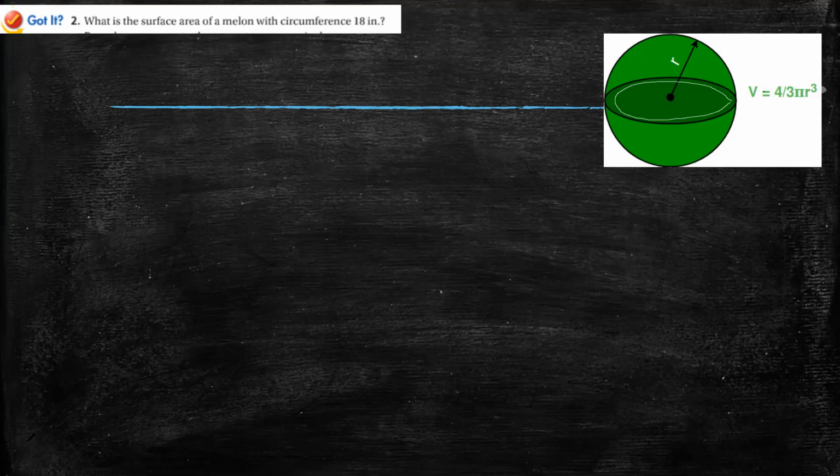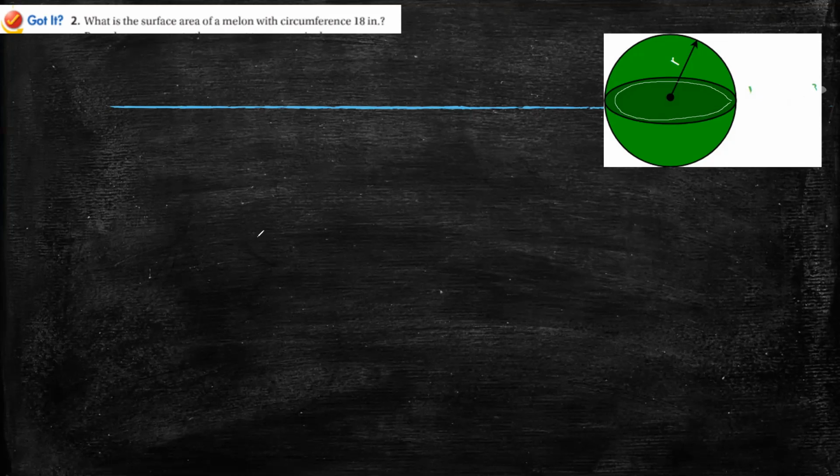They told me that the circumference of a circle is 18 inches. Look at this sphere: they give me the circumference and ask me to find the surface area.